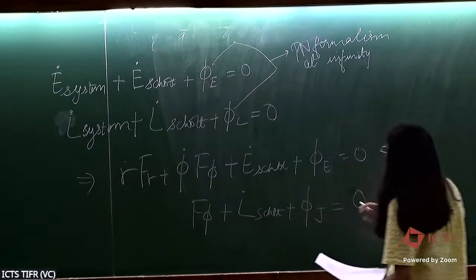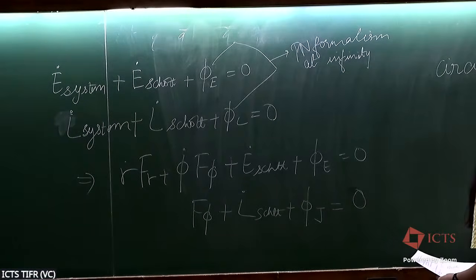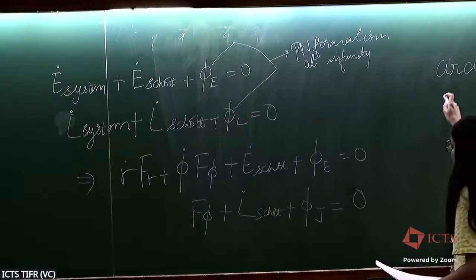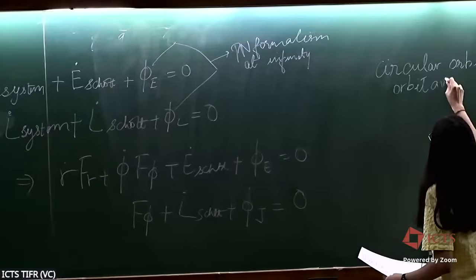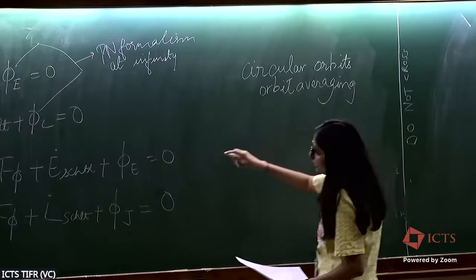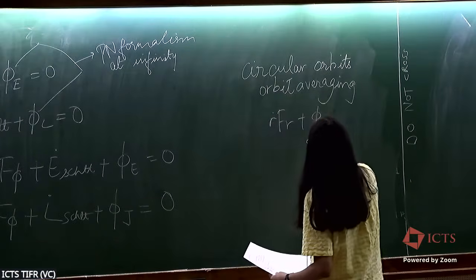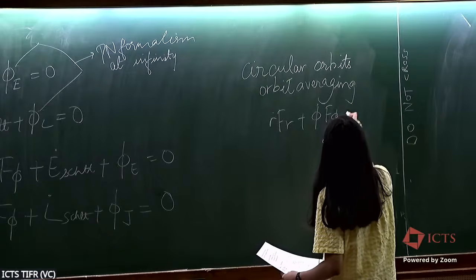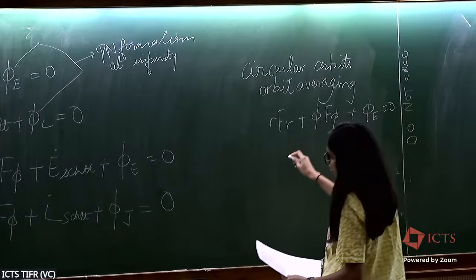And hence, for circular orbits, if we consider orbit averaging, one can say that r dot F_r plus phi dot F_phi equals Phi_E, and F_phi equals Phi_J.